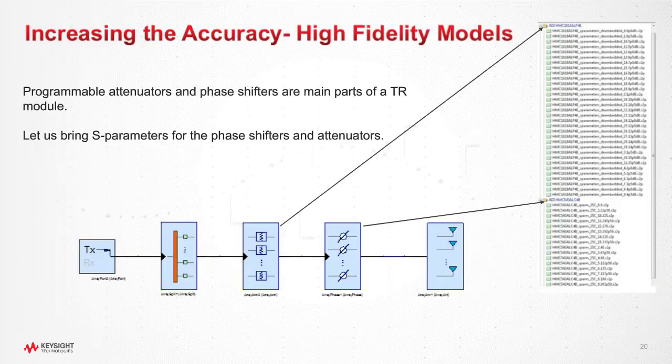So how can we increase the accuracy of the models itself? The best thing to do is, if we have the measured data, we can simply bring the measured data into the simulation and then create models. So the measurement-based models are the ultimate models with the highest accuracy.